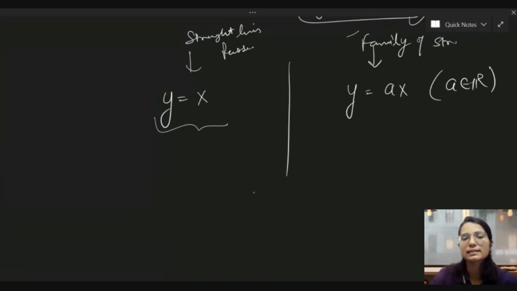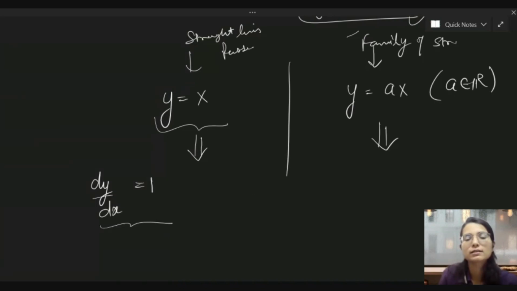Family of straight lines. Now, can I make a differential equation from both of these? What do I need to do? I need to differentiate. So when you differentiate, dy by dx is equal to 1. And when you differentiate this, what you get is dy by dx is equal to a.